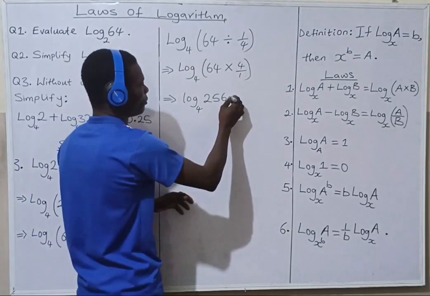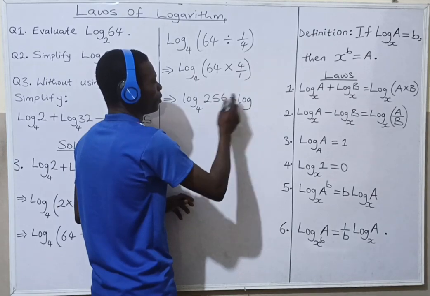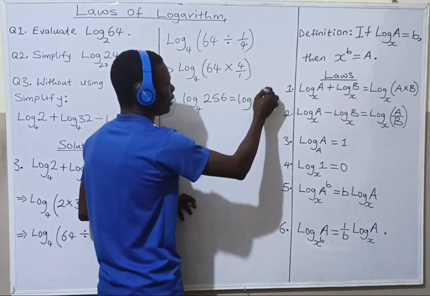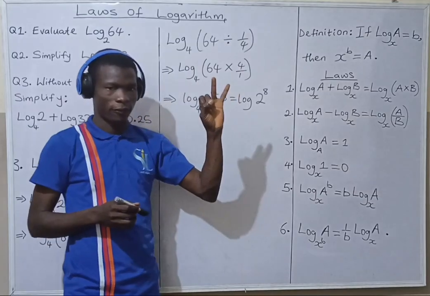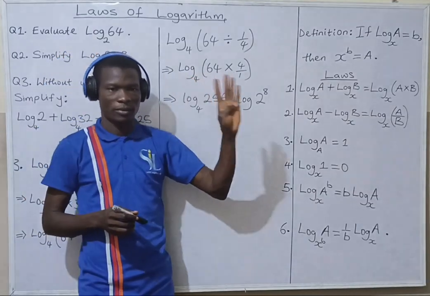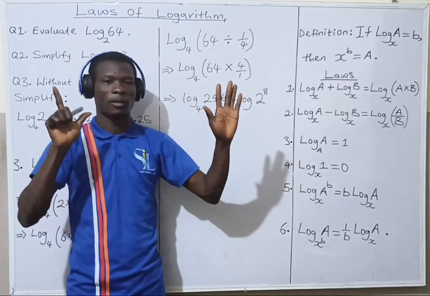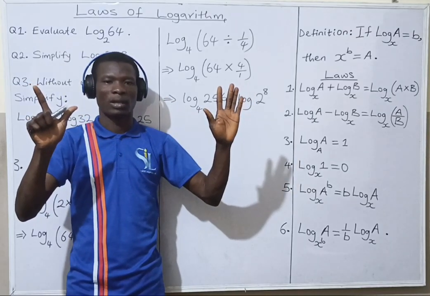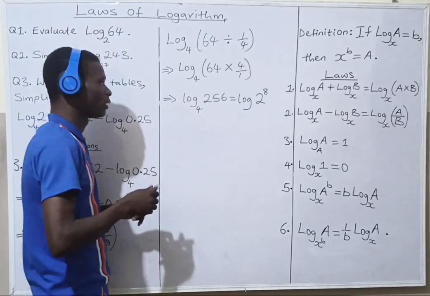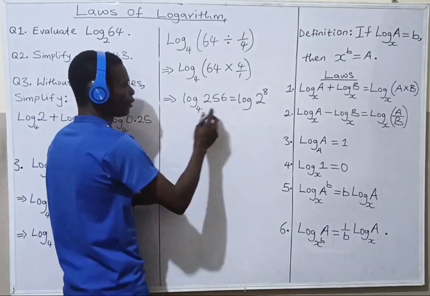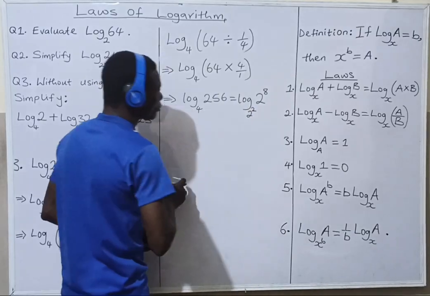So we can have them both as log 2 to the 8th power. 2 times 2, 4 times 2, 8 times 2, 16 times 2, 32 times 2, 64 times 2, 128, then times 2, 256. So 2 to the 8th power gives us 256. And of course, 4 is 2 raised to power 2.